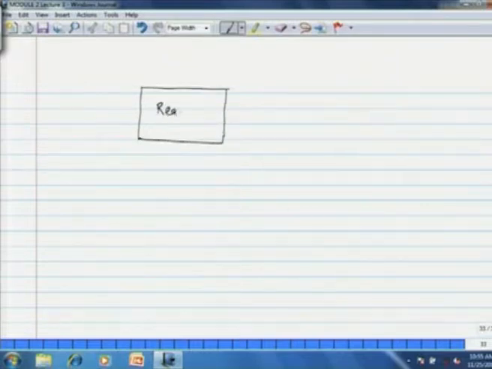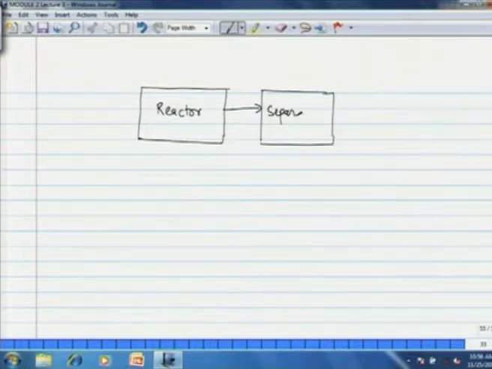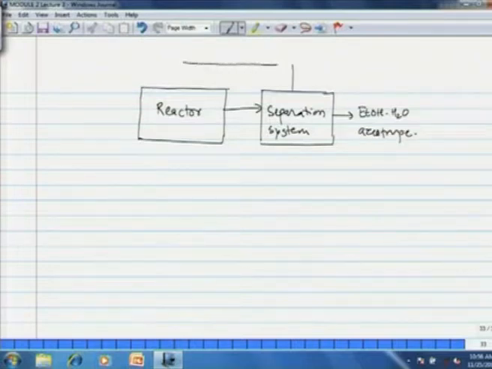The process will comprise of a single reactor because both reactions have same temperature pressure condition. Then there will be a separation system, comprising of distillation columns which will give ethanol azeotrope as product. Then there will be a recycle and purge stream for unreacted ethylene.